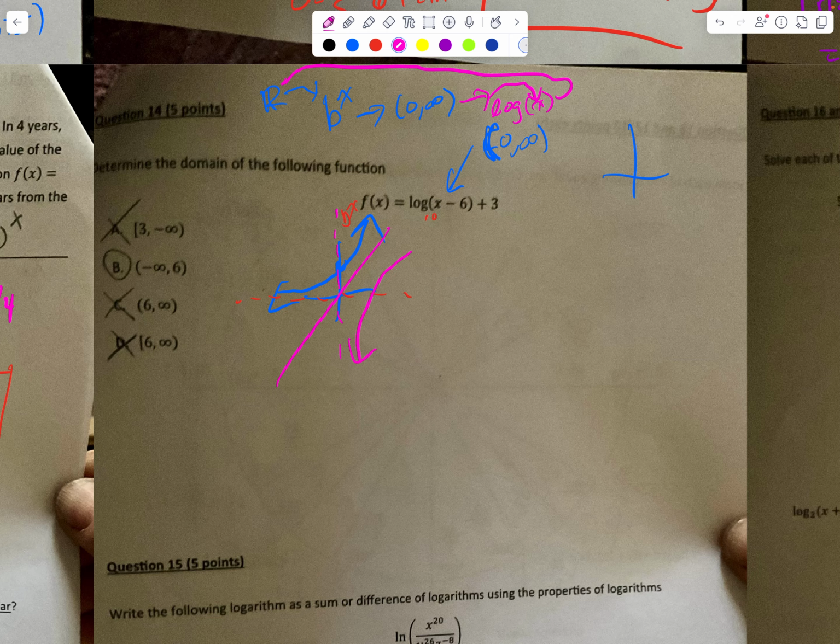So that's the domain, as that was the range. So the stuff inside here has to be positive. That means x itself has to be bigger than 6, or like that.